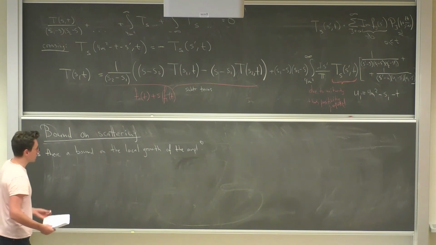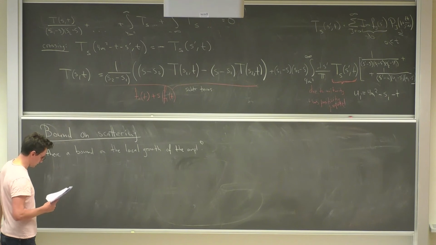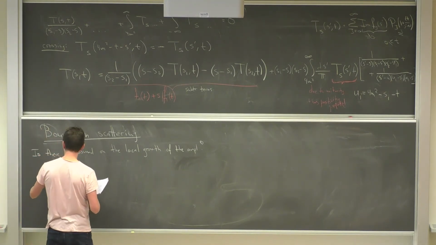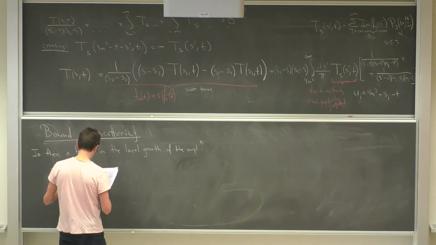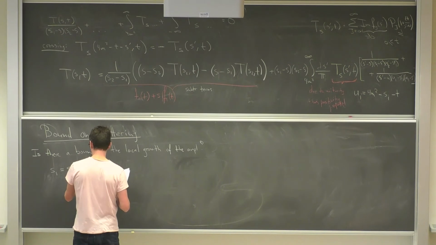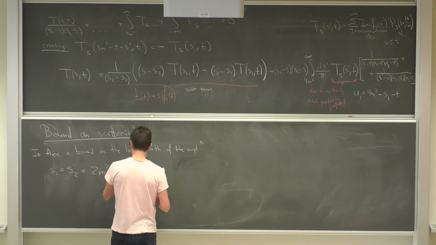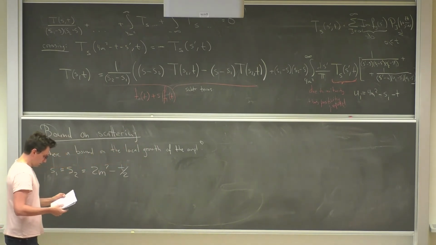So to address this question, we take this equation, which is written here, and let me set in this equation S1 equals S2 equals (2m squared minus t)/2.